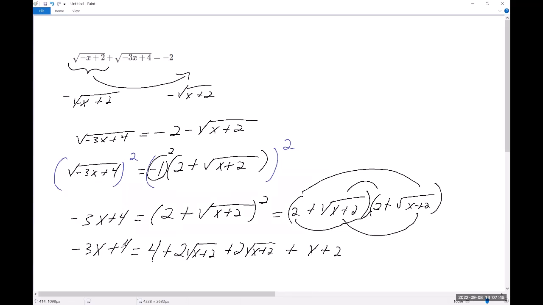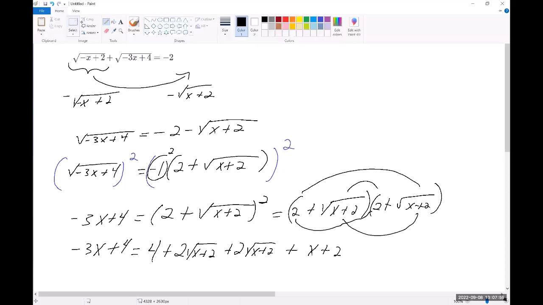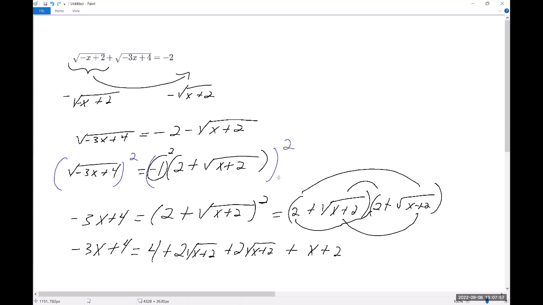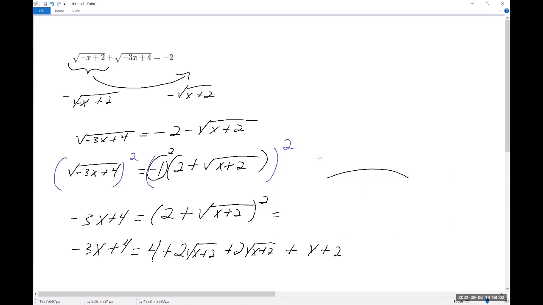All right, so I've got to do some simplifying. And if you'll allow me for space, I'm going to get rid of this. Besides, you know the result.